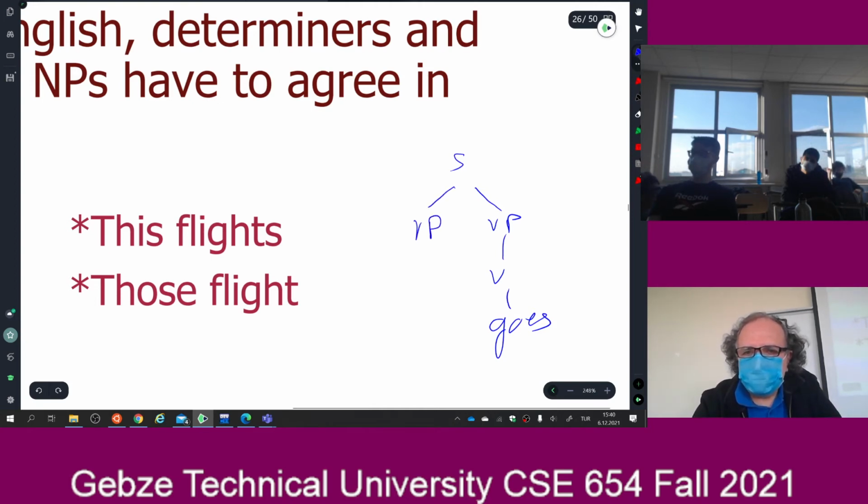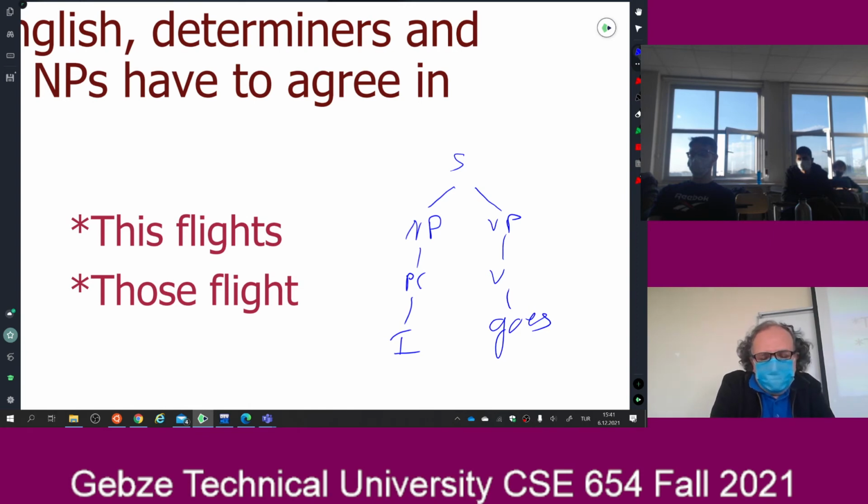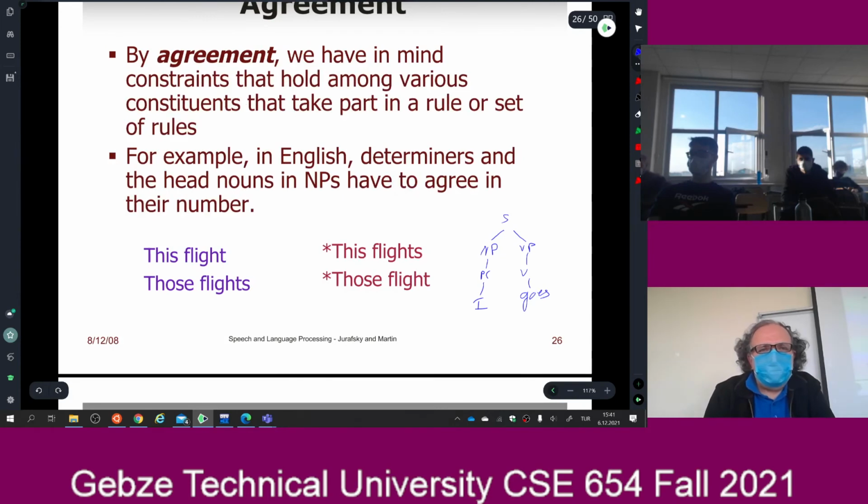Noun phrase, pronoun, and I. It looks like I parsed this sentence, I goes, but it shouldn't be parsable. Grammatically it is not correct. There is no agreement between the subject and the verb, right? So how am I going to do this?